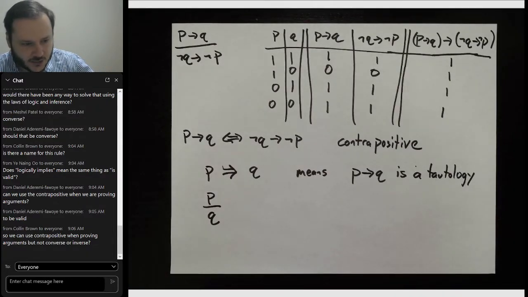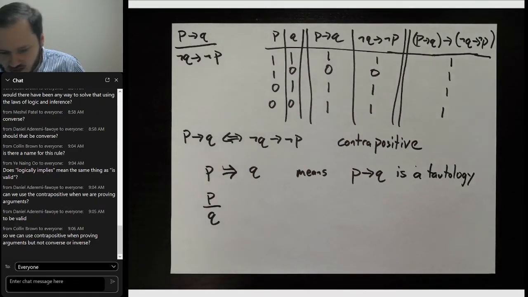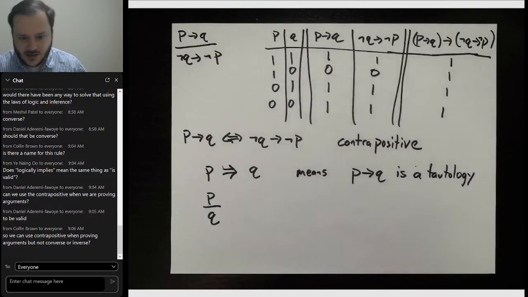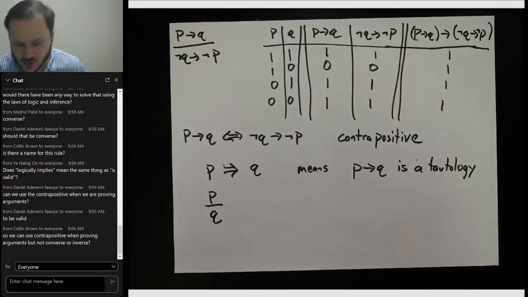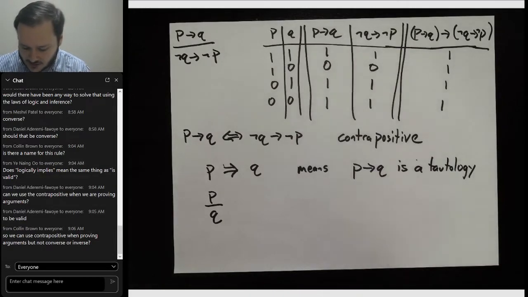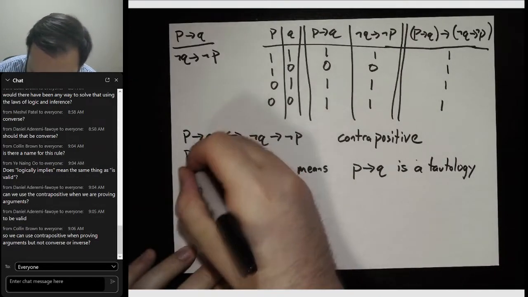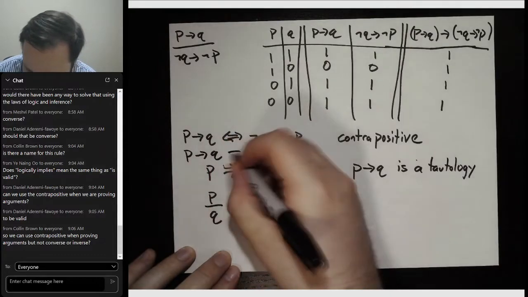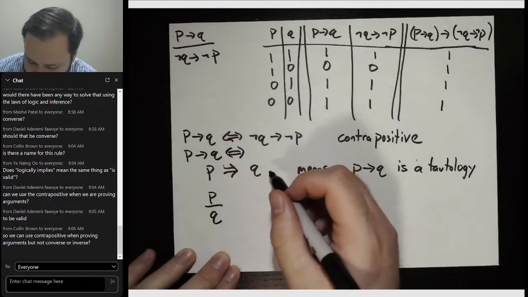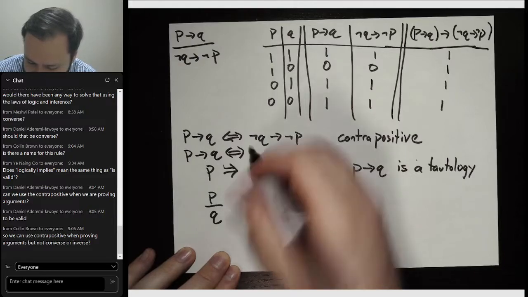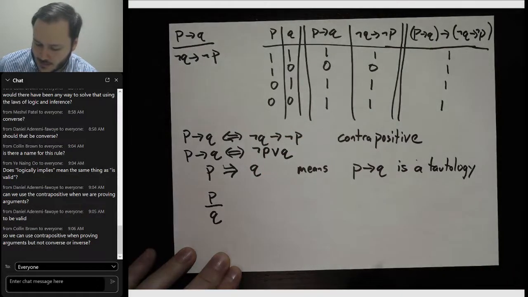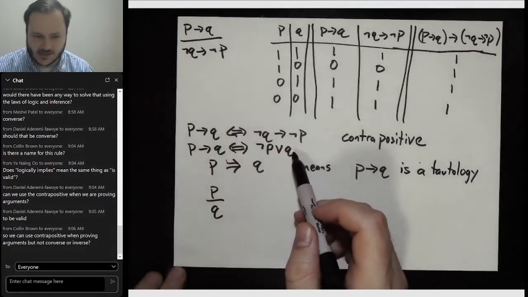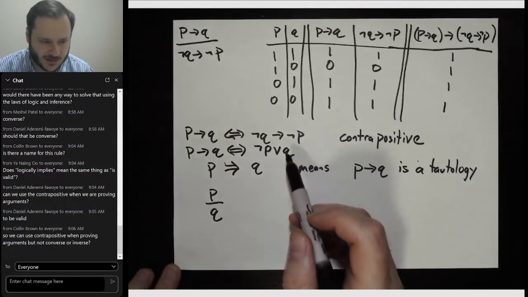Can you use the contrapositive when you're proving arguments? Certainly. If you're trying to show something is valid, the contrapositive is an equivalent statement, so you are allowed to use the contrapositive. You're also allowed to use this theorem that we proved, that P implies Q is logically equivalent to not P or Q. This was something we proved in class. This comes up a lot in the homework. Also allowed to use that.